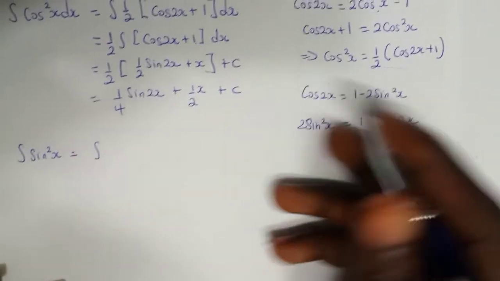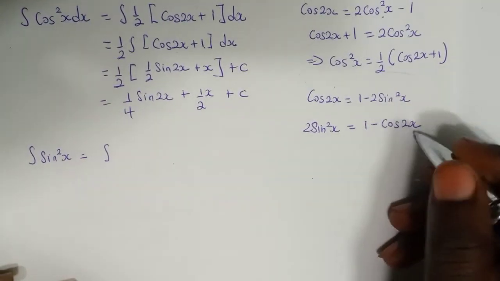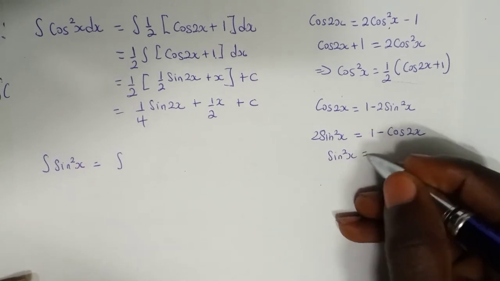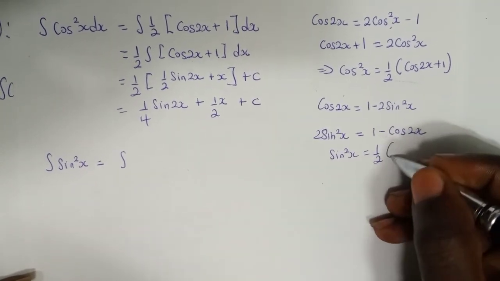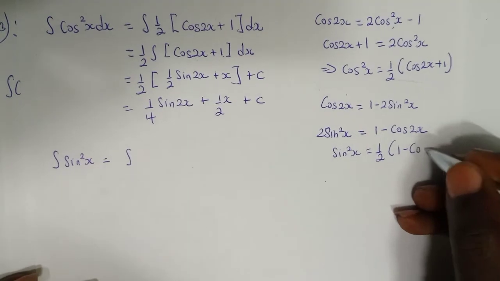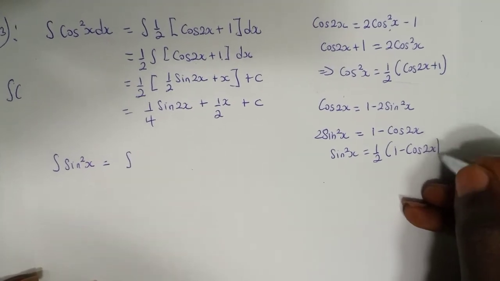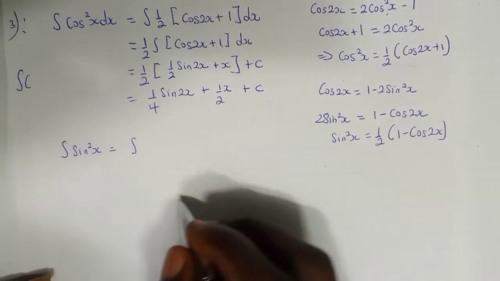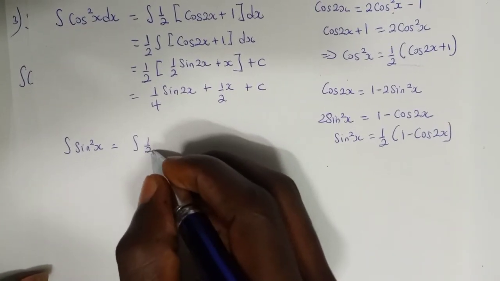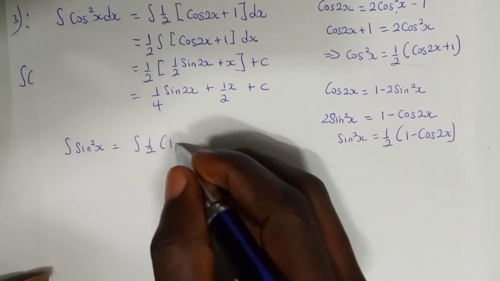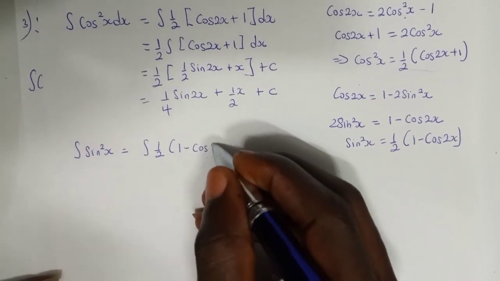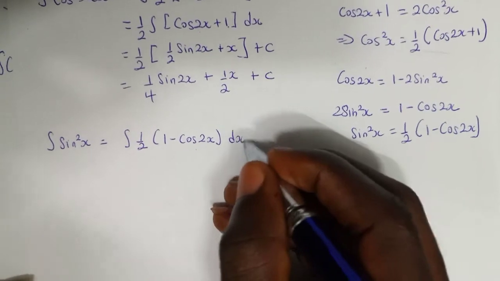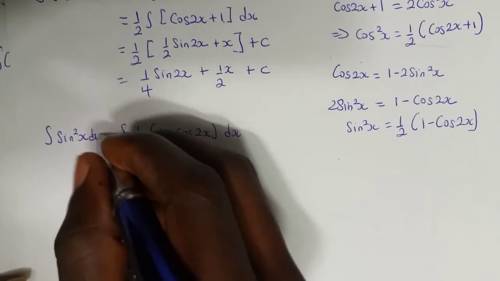That's 2 sine square x equals 1 minus cos 2x. Making sine square x the subject, we are going to get 1 out of 2 into bracket 1 minus cos 2x. Okay, so here our sine square x is equal to 1 out of 2 into bracket 1 minus cos 2x dx. Sorry, forgot to break this.